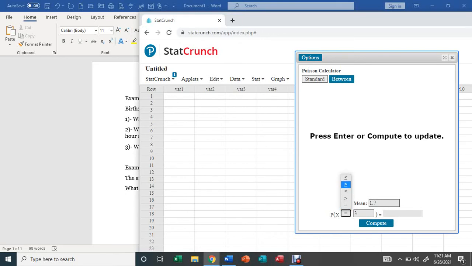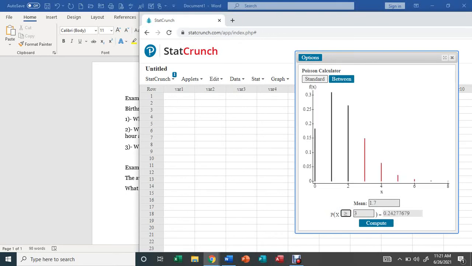So it's about 24%. Depending on the question, you have five options: less or equal, greater or equal, less than, greater than, and equal sign, which is exactly.